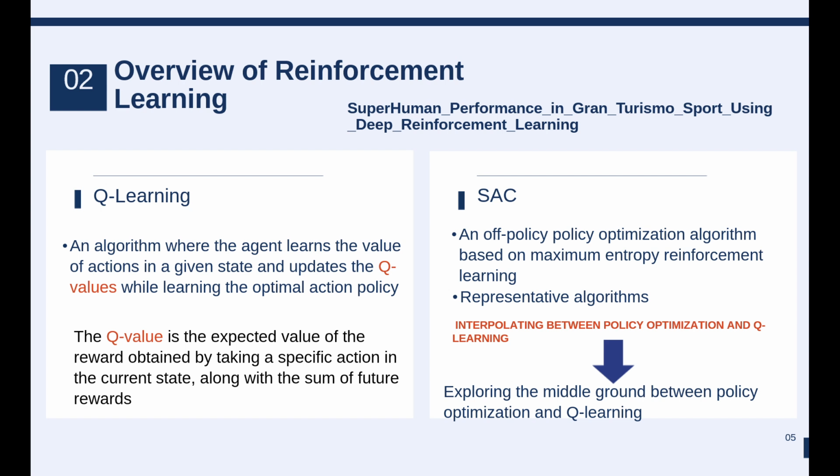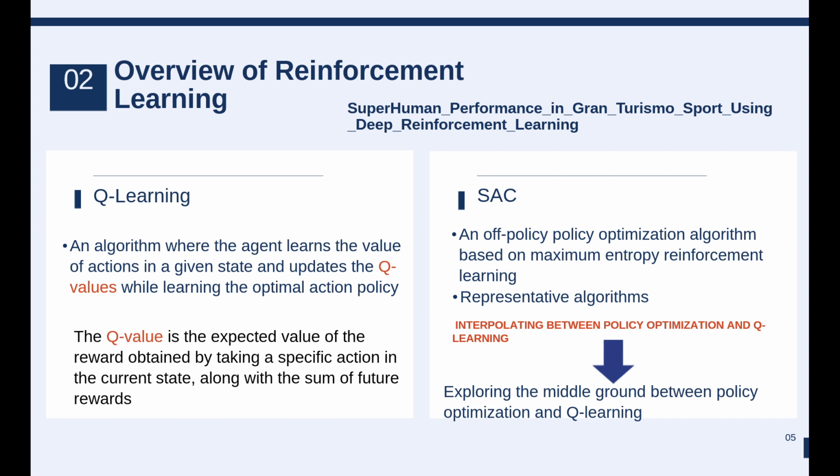The Q-learning algorithm is a method where the agent learns the value of an action in a given state. By updating the Q values, it proceeds to learn the optimal action policy.